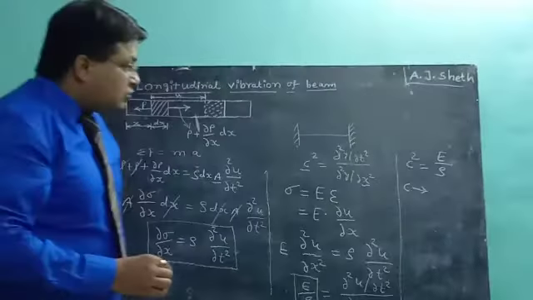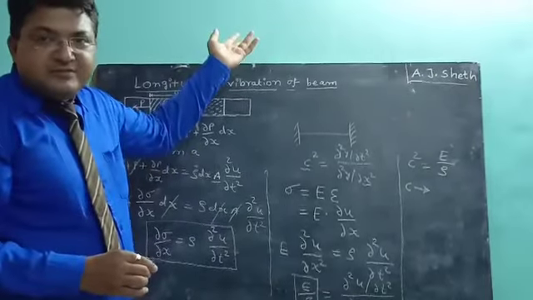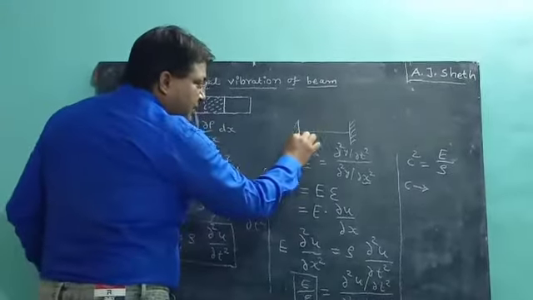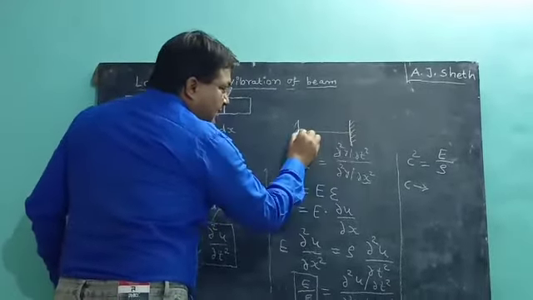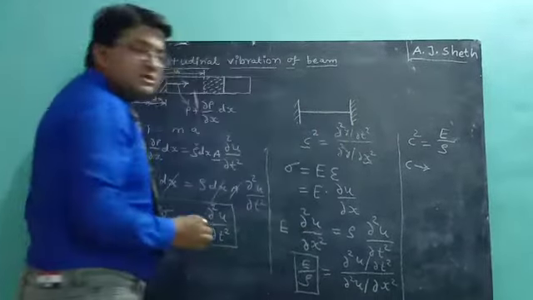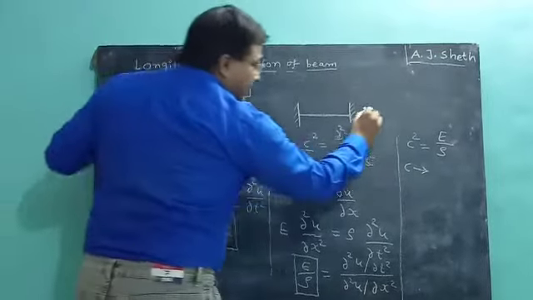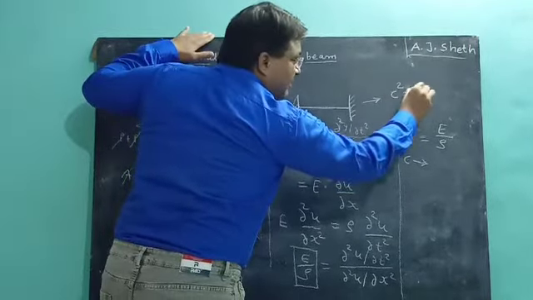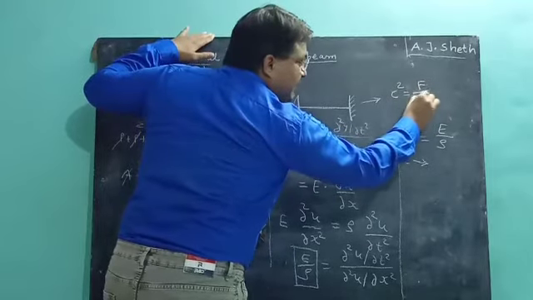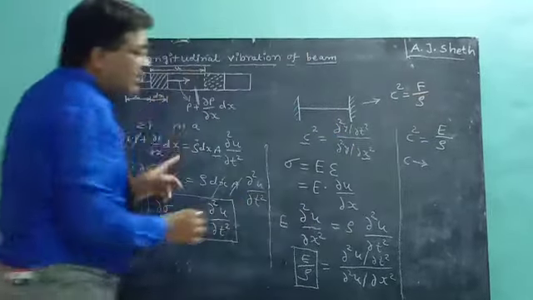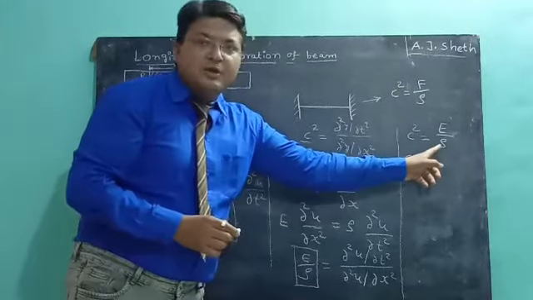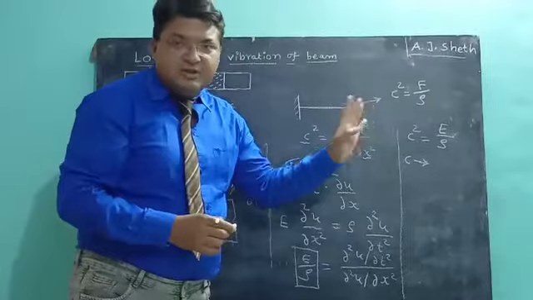While in the earlier case for the wave equation, where both the ends were fixed and an elastic string was taken, the wave speed was the square root of force by rho, while in this case it is E by rho. So this is the first difference between these two cases.